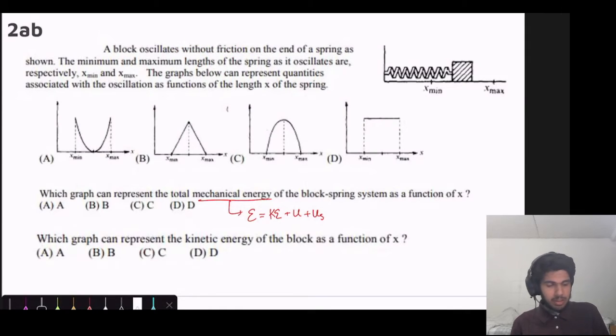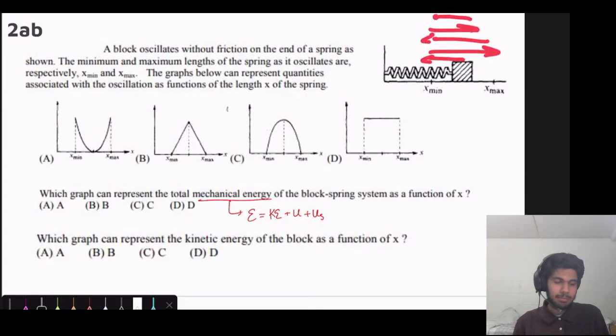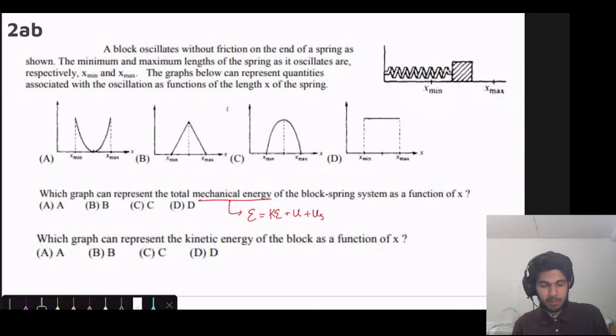So suppose we wanted to consider the change in energy from x max to x min, right? This block goes here, and then there, and then there, like it's oscillating back and forth. But let's consider we start at x max and we go to x min. Well, in order to do that, we can use conservation of energy. We can say that energy at x min is equal to the energy at x max.